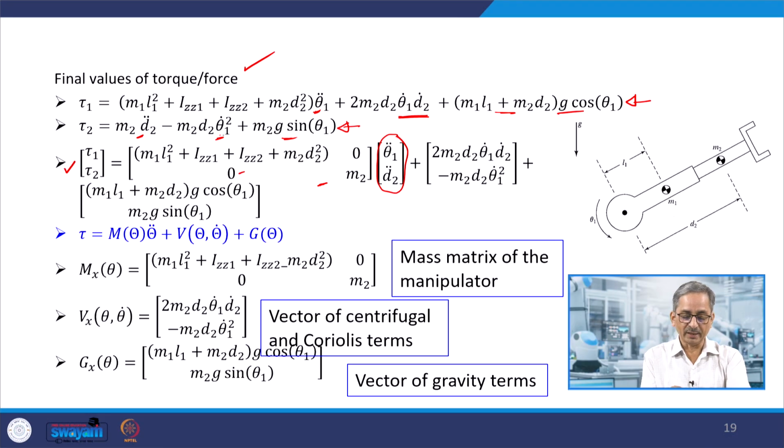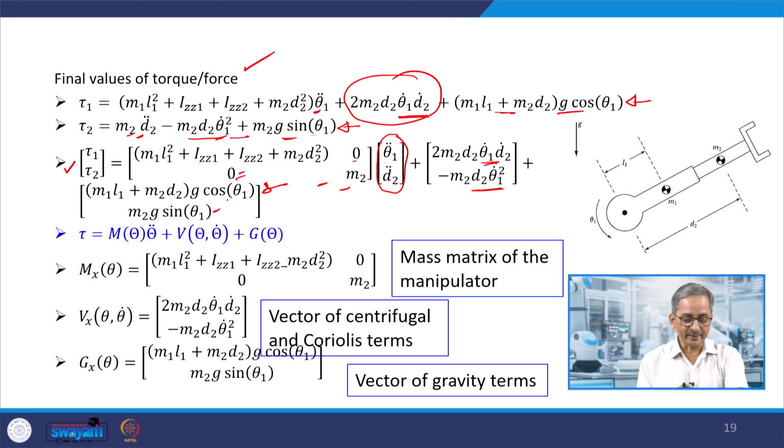Similarly, in this one there is no theta 1 double dot term, so 0 here and m2 is there. Then I put the term with the two generalized velocities here, and the g terms are here. Similarly, for the second equation I have the velocity square, and the g term is here.